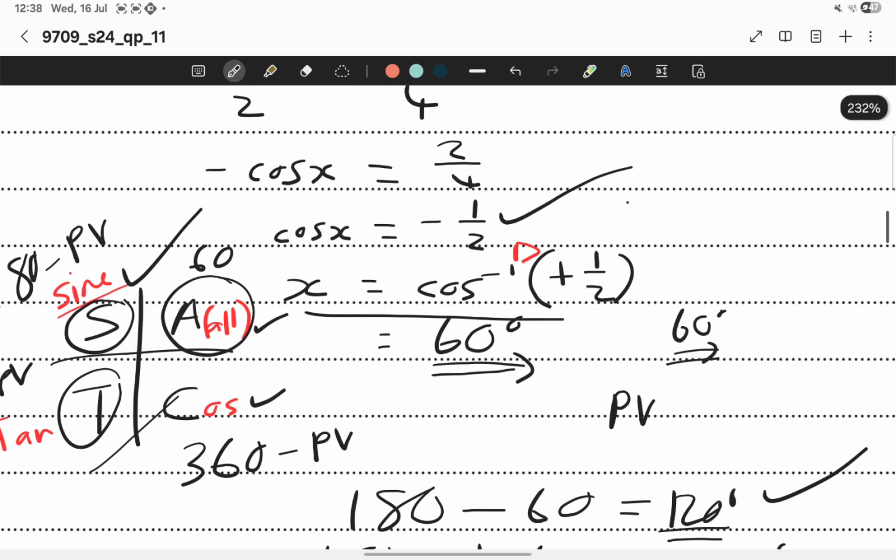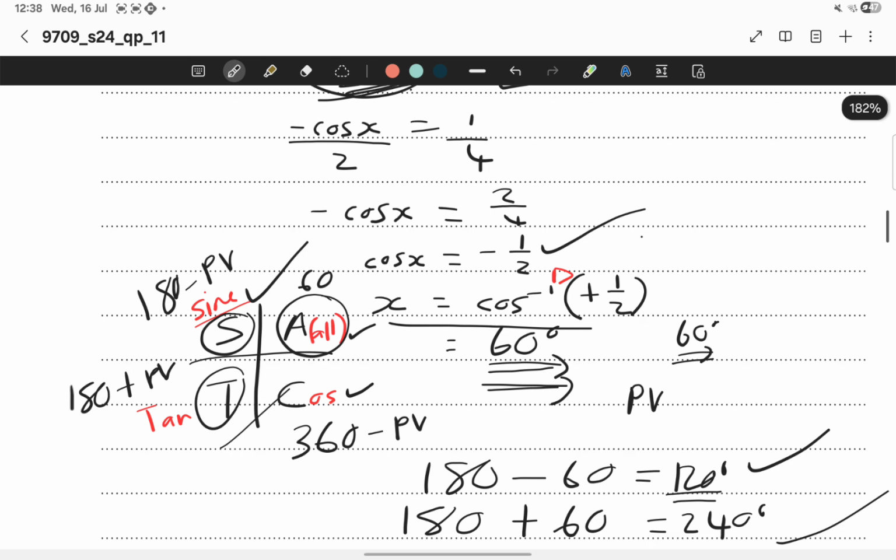So for this part, we're forgetting the sign to get the principal value, and once we get the principal value, we're saying, did we have a negative or a positive trigonometric function? If it was sine x is equal to minus a quarter, that's our minus sign. But for this case, it was cos x is equal to minus half. So that's our cos being minus.